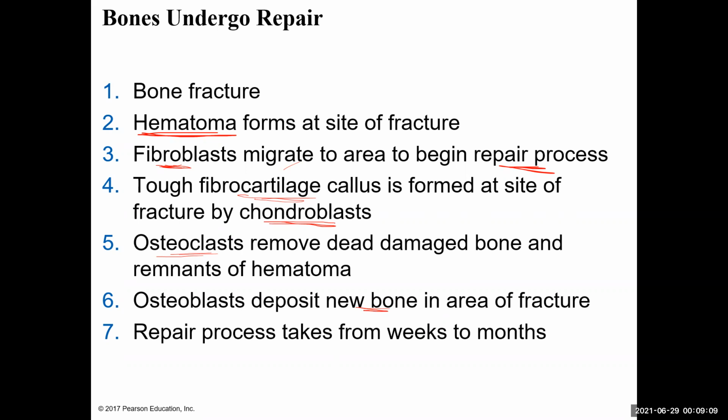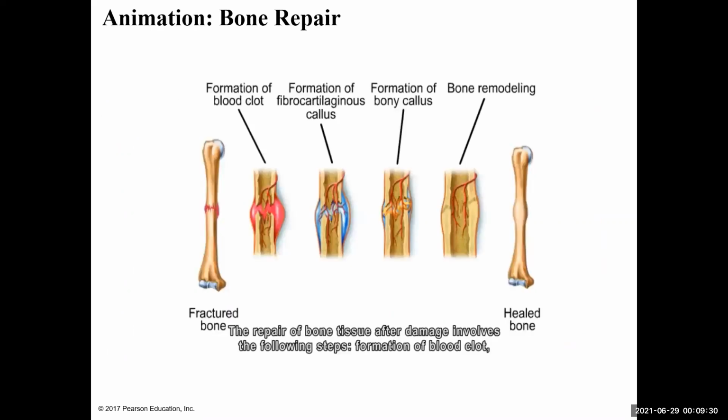And the whole time frame of this process, depending on the severity of the break and where that break is located, can take anywhere from a couple weeks to several months in order for the body to repair that fracture. Okay? And we have this process in an animation video for you.